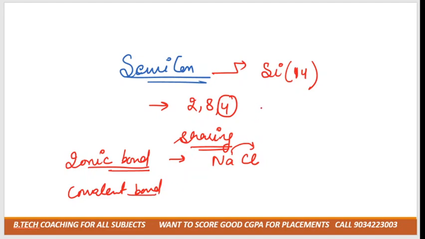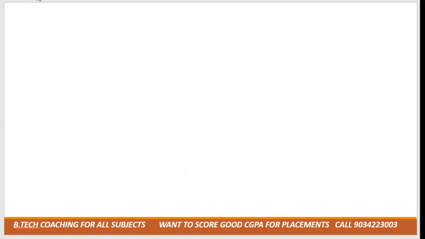Okay, so a semiconductor can't give four electrons to another atom, and no one will give four electrons to this semiconductor, so they will bond on the basis of sharing. Okay, so in a semiconductor they'll always form a covalent bond. Clear?